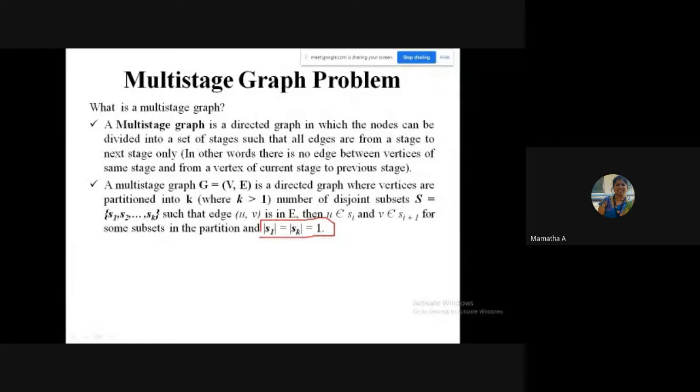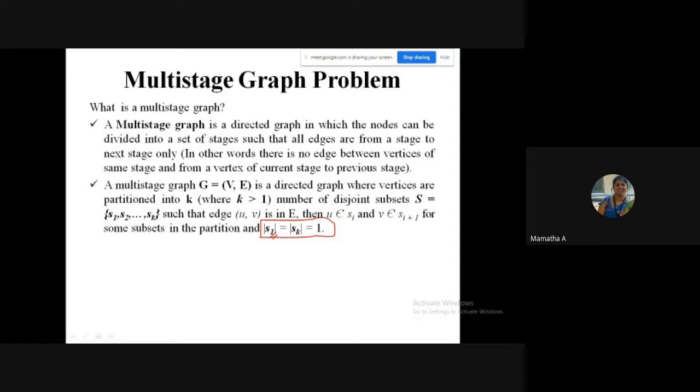The number of vertices in stage 1 is how much? Cardinality of S1 means what? The number of vertices in the subset S1.